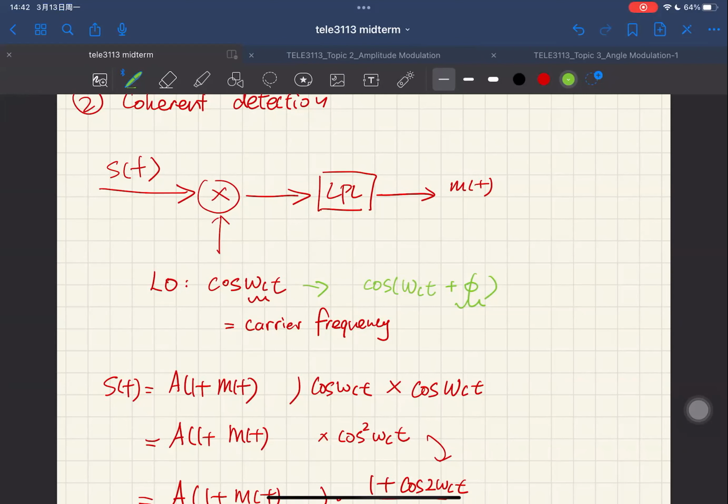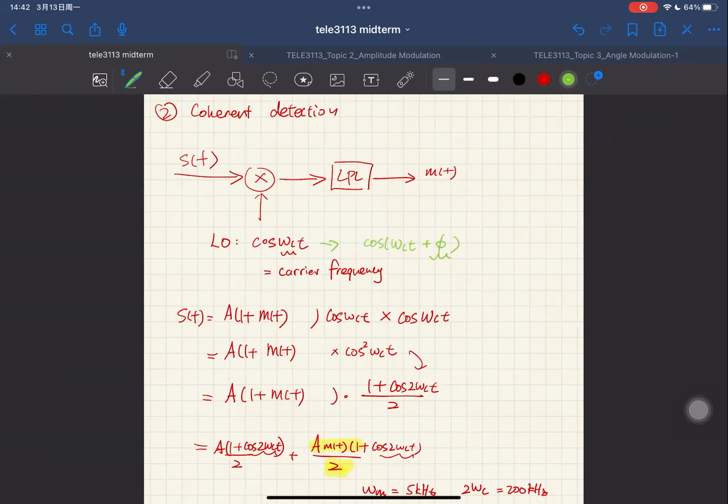This is a non-ideal case. In your lab you generate the signals from the same block, so they have to be in phase. But in the real industry that's not the case, so you're going to have a phase error.